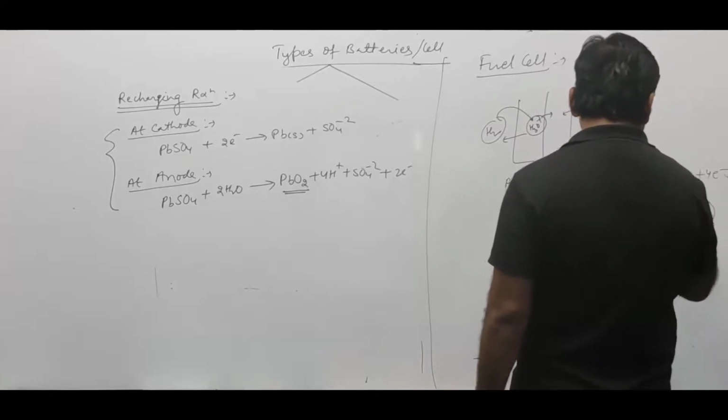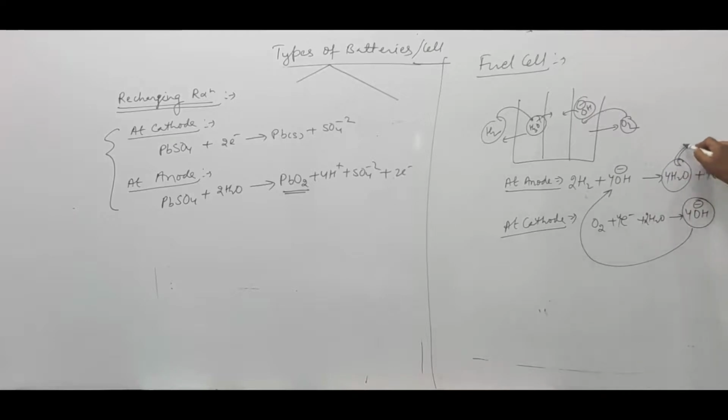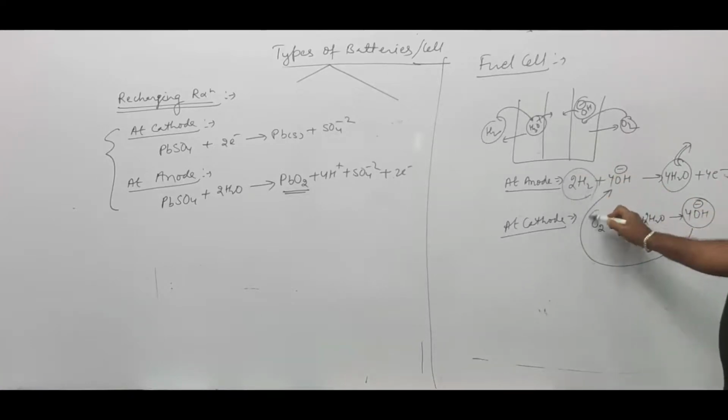The byproduct is water itself, which can be used for other purposes. Therefore, in this type of cell reaction, no harmful substances are produced. Hydrogen and oxygen are used, therefore it is called a hydrogen-oxygen fuel cell.